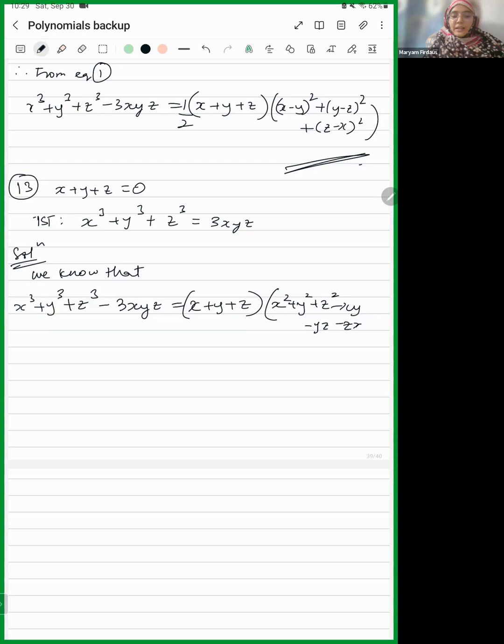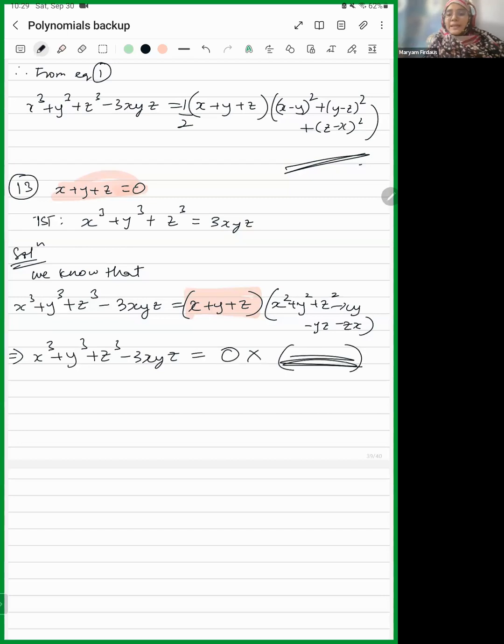Now they are saying that x plus y plus z is equal to 0. That means this portion is equal to 0. So that implies x cube plus y cube plus z cube minus 3xyz is equal to 0 into some bracket.